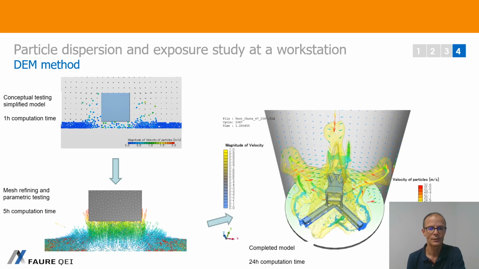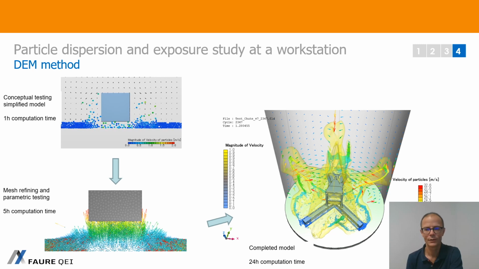Then the objective we completed was to build a full, complete model, showing what happens, calculating the airflow at the impact of the object on the bottom, and releasing particles to the top.